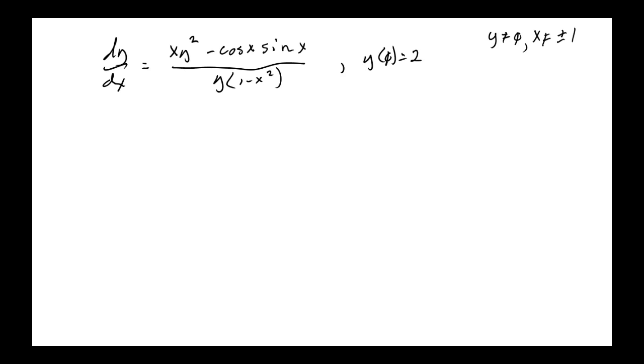Do you think this might be linear? Right. Yeah, because there are a couple of reasons. If you broke that numerator into two terms, that first term would be okay, because one of the y's would cancel out, and you have x over 1 minus x squared.